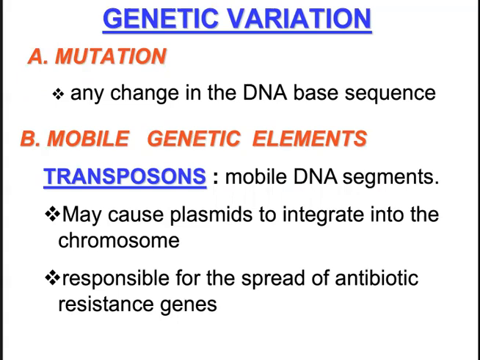These are mobile genetic elements that may cause plasmids of a different type to combine with another plasmid, or plasmids to combine with the genetic material. Transposons may cause a plasmid to integrate into the main chromosome. This is also responsible for the spread of antibiotic resistance genes.